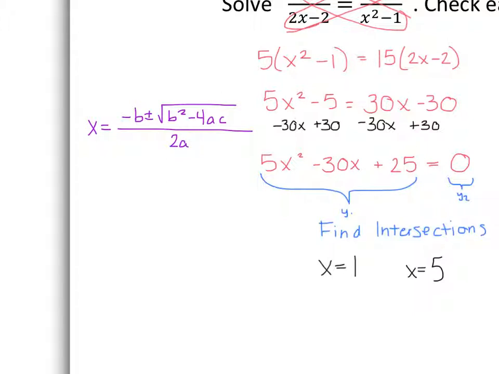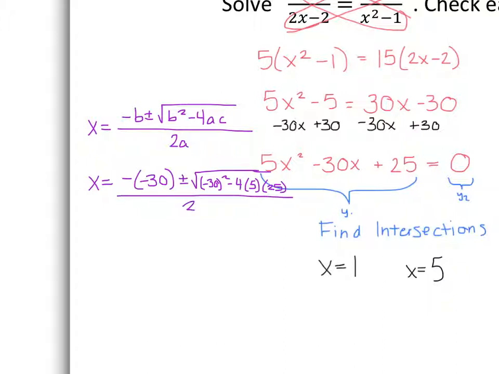So we'd have x equals negative negative 30 plus or minus the square root, I'm gonna run out of room, of negative 30 squared, big numbers here, minus 4 times a, which is 5, times c, which is 25, all over 2 times 5. What is 30 squared?